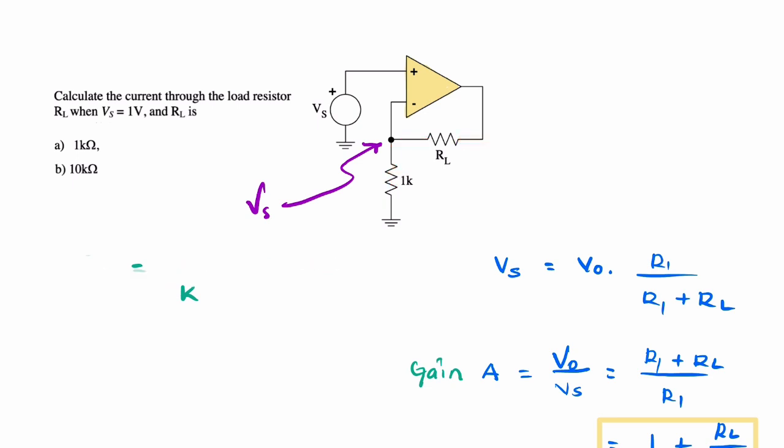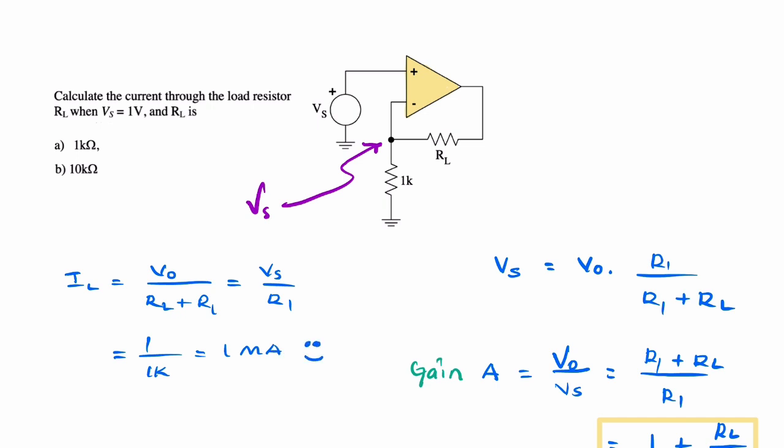So if I want to write it out properly, I would say IL equals V out divided by RL plus R1, which is equal to Vs over R1, and in this case it's 1 divided by 1K, which is 1 milliamp.